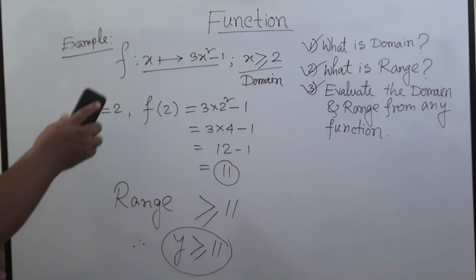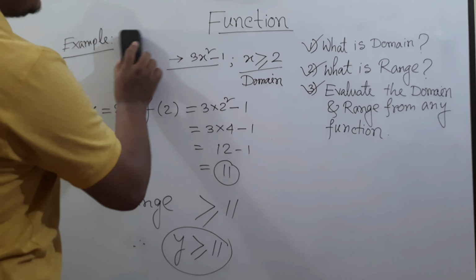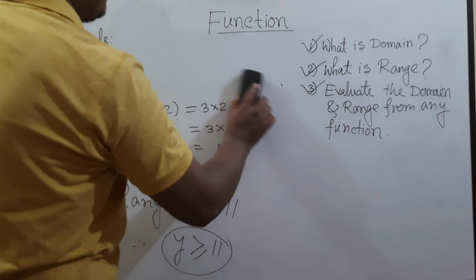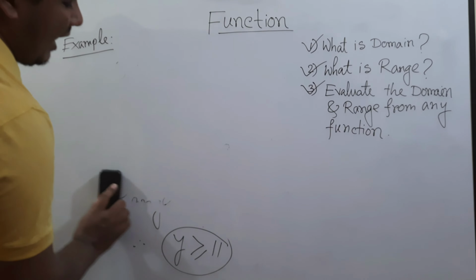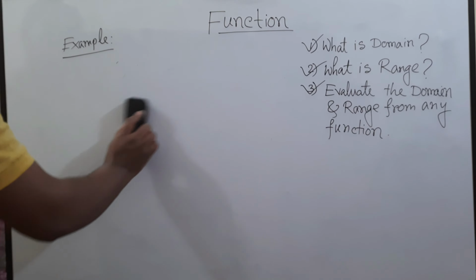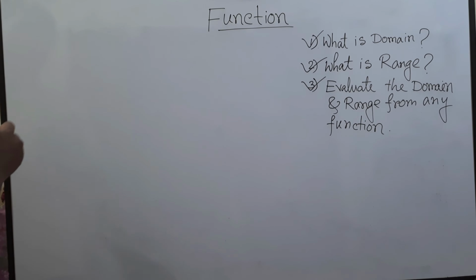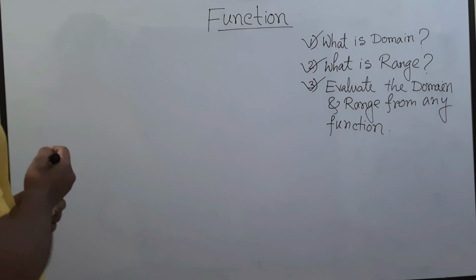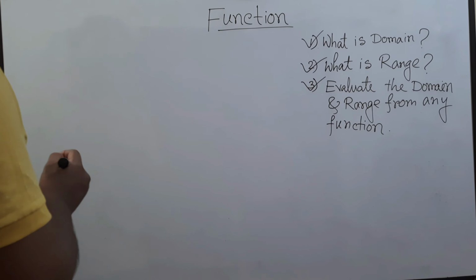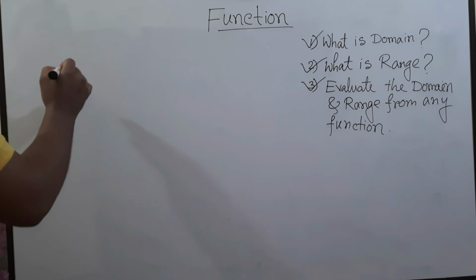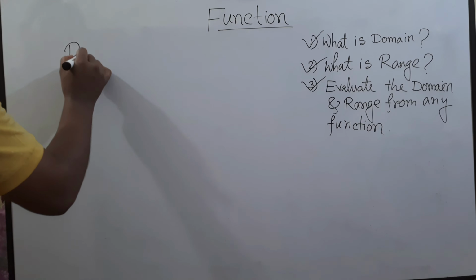If the value of domain is not defined, then how can we find the domain and range from a function? By using only 5 tricks, you can easily find the domain and range of a function if the domain is not defined. Okay, so trick 1, that is rule 1.